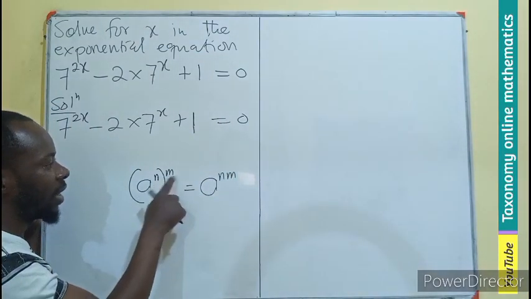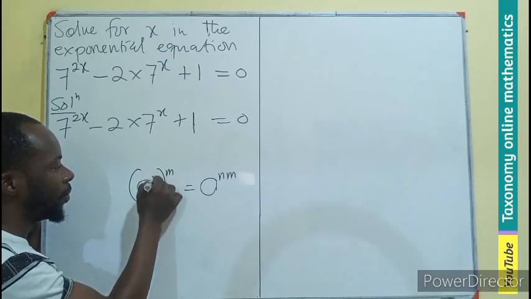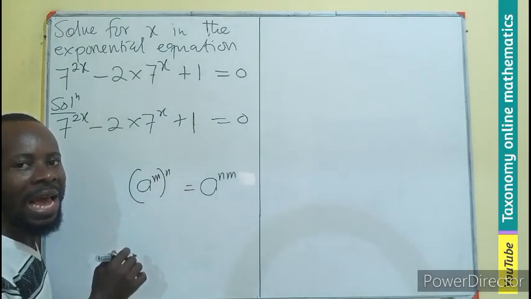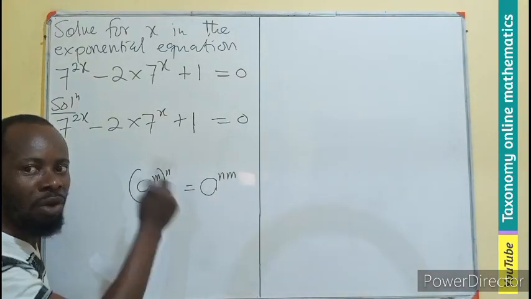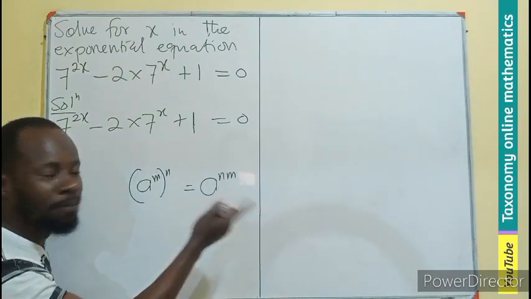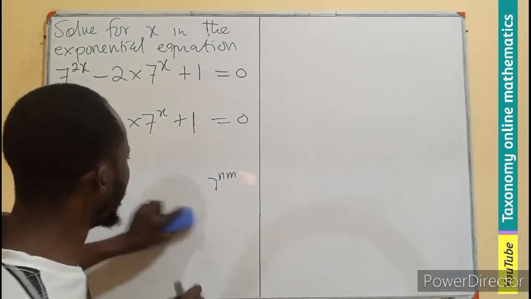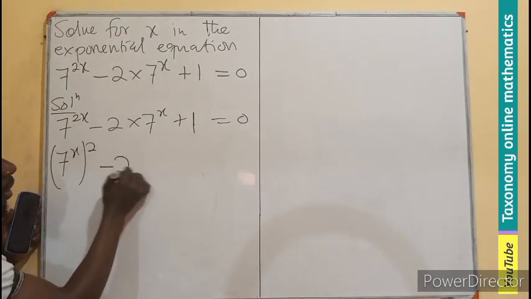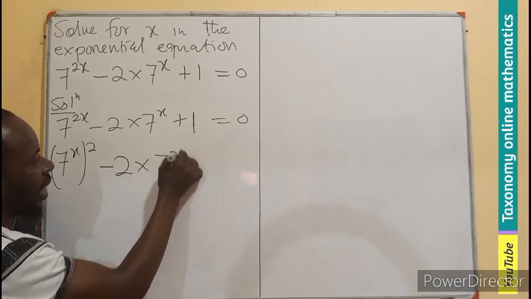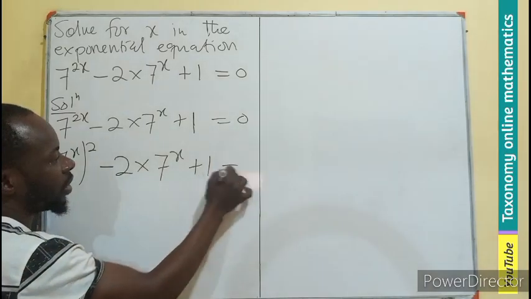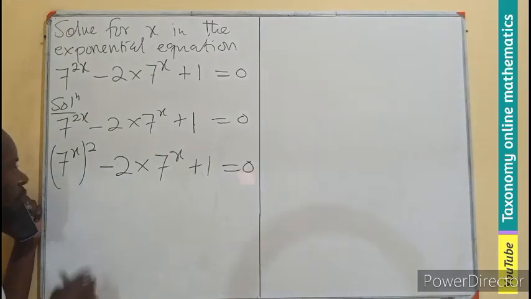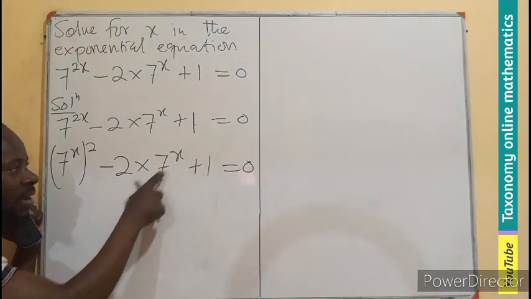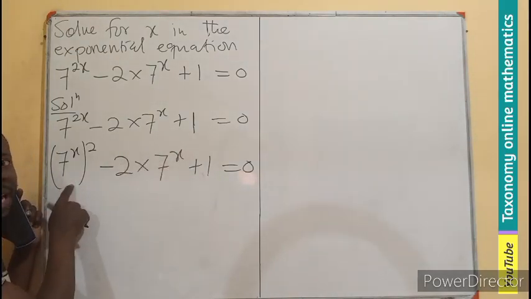So in this case, I can bring in the m and put in the n, since multiplication is commutative, and this will still be the same. So here we are going to rewrite this as 7 exponent x, all raised to exponent 2, minus 2 times 7 exponent x, plus 1 equals 0. So you can see that we are seeing 7 exponent x, 7 exponent x.